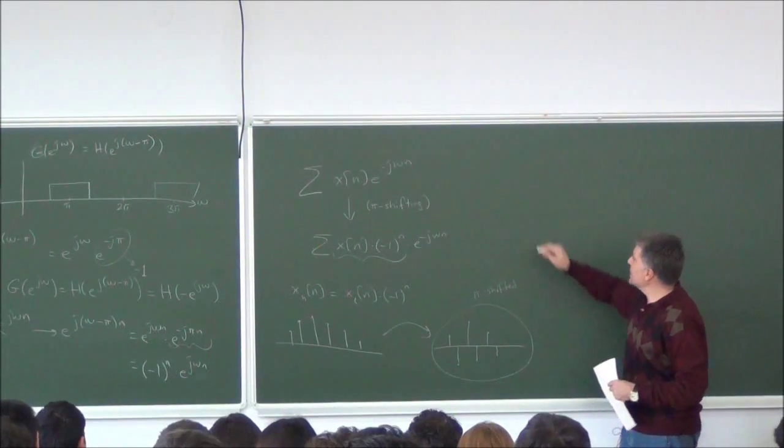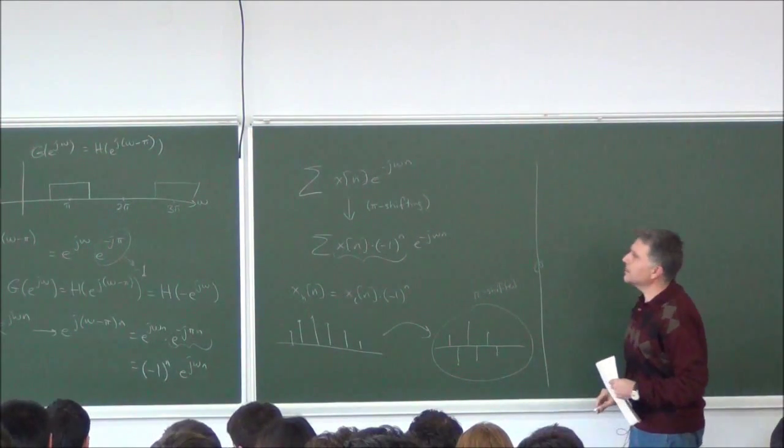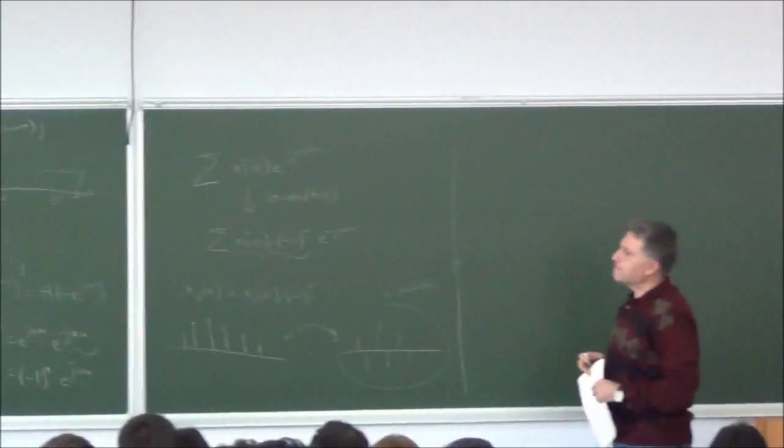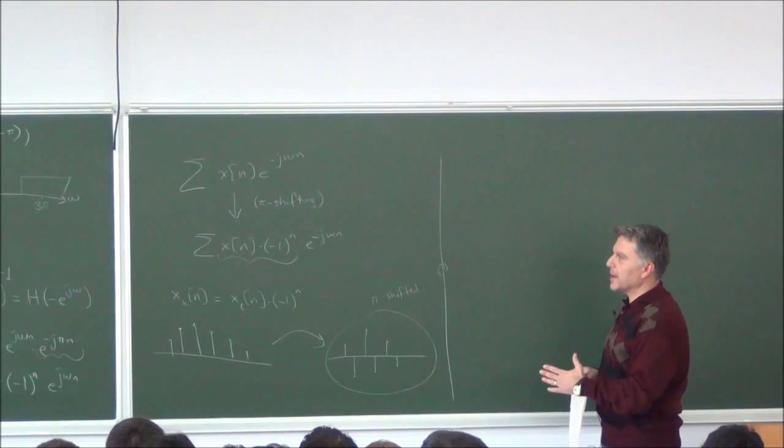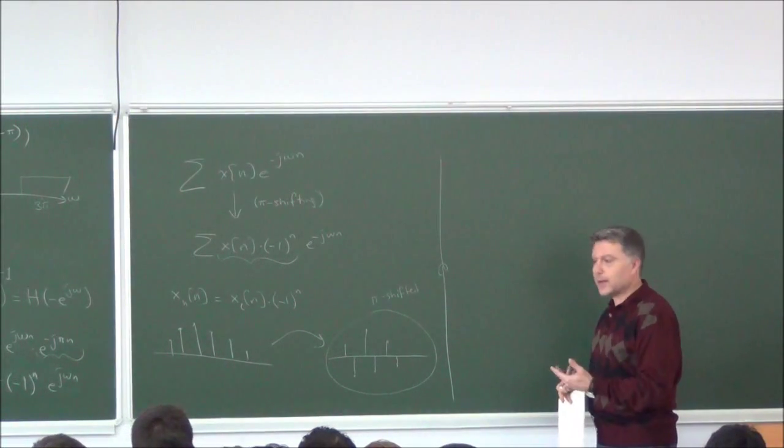Okay, so this is the method to come up with pi shifting, or low pass to high pass and equivalently high pass to low pass variation.